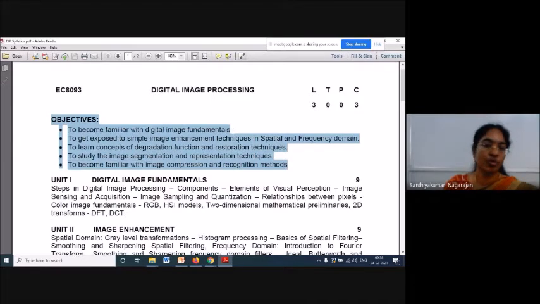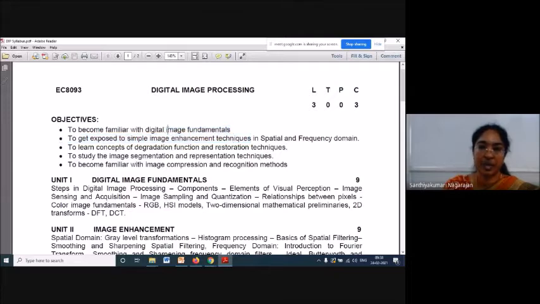So you will come to know what the digital image fundamentals are, and what the simple basic algorithms are which help to enhance your images in two different domains, namely spatial and frequency domain.